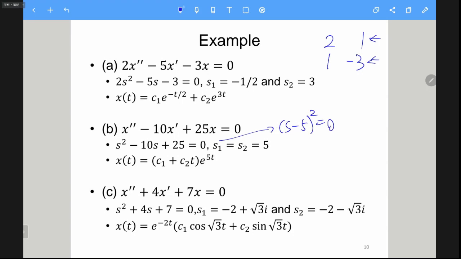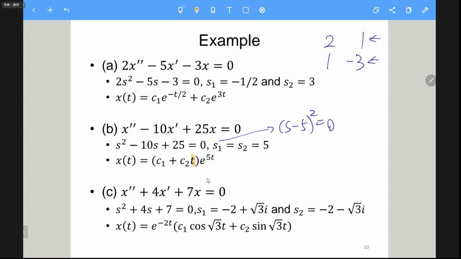So s equals 5, which is a repeated root. In this case, we will say x of t is c1 plus c2 t, because for a repeated root we need to multiply by t, and then exponential to 5t. This is the root 5t, like this.